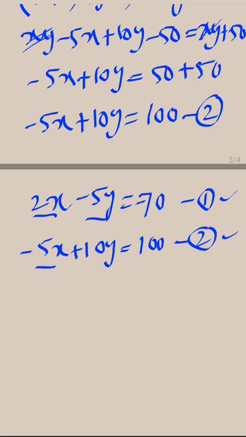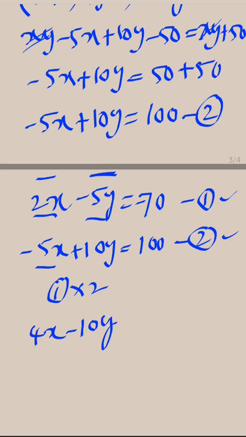So here you see, from the first equation, if we multiply 5y with 2, we'll get 10y. So what I do here, the first equation I multiply with 2. Then what happens? 2 2s are 4x minus 2 5s are 10y is equal to 2 70s are 140.